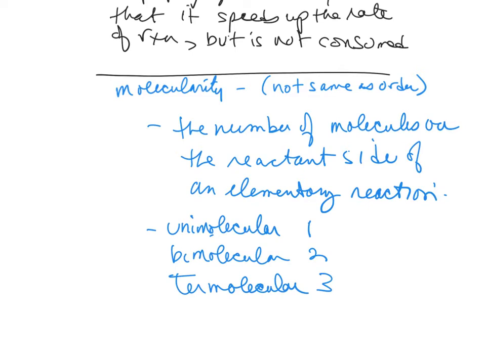And termolecular means that 3 molecules, or 3 reactant species, come together and collide, energy exchange, bonds form, bonds broken, and then the product is formed. So the probability of a termolecular reaction is kind of low because for 3 molecules to come together at once, it's just less probable, especially in the gas phase.